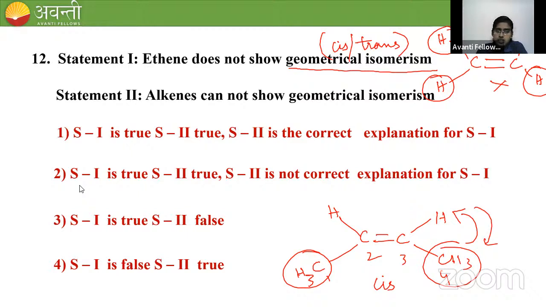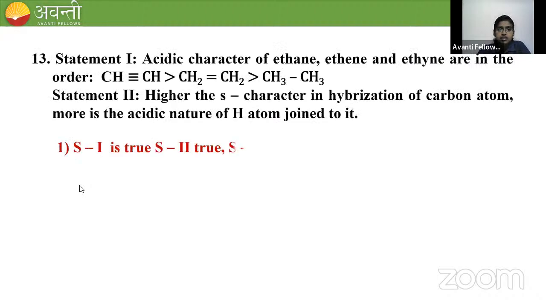But statement 2 says that it cannot show geometrical isomerism. That is incorrect. Statement 1 is true and statement 2 is false. So now coming to the next question, question number 13. Again, a statement type question.